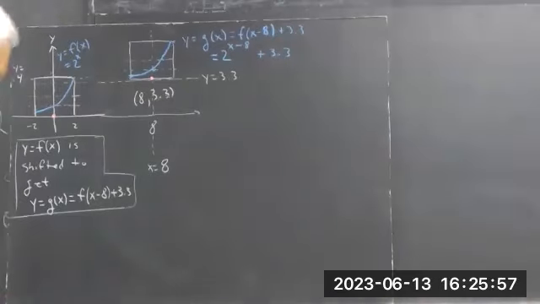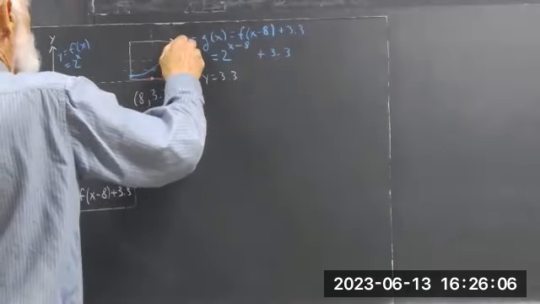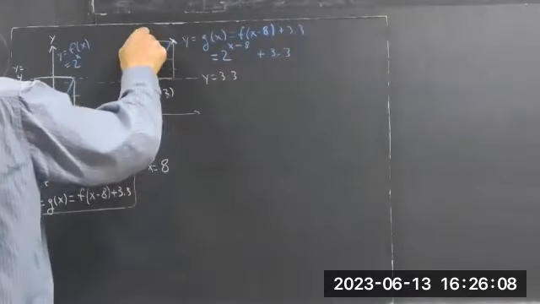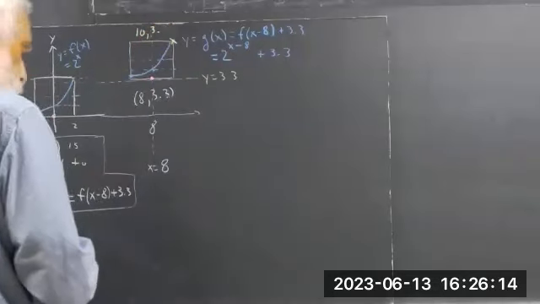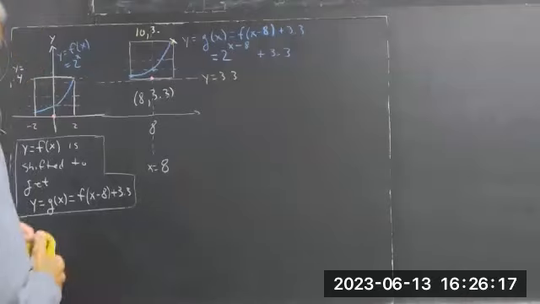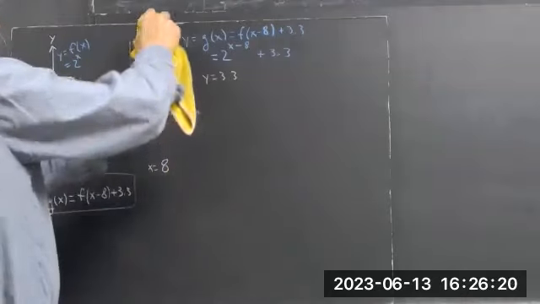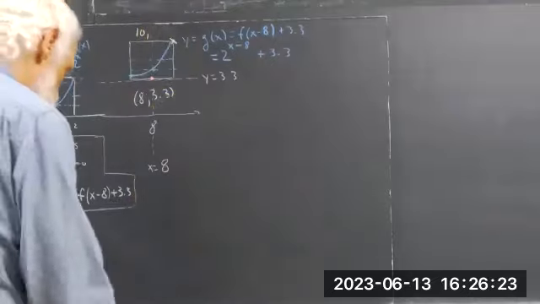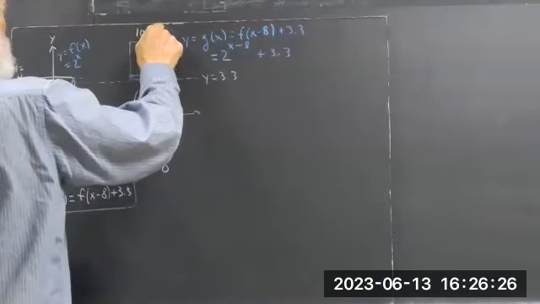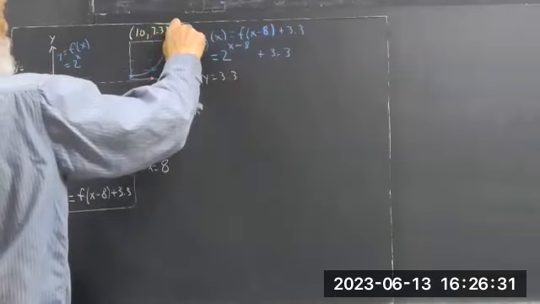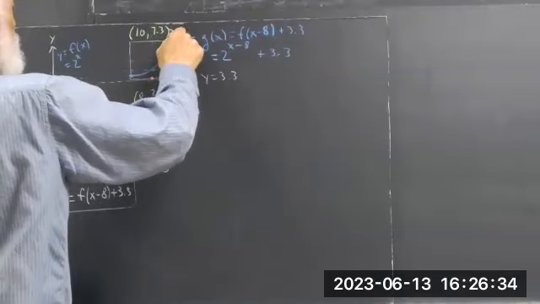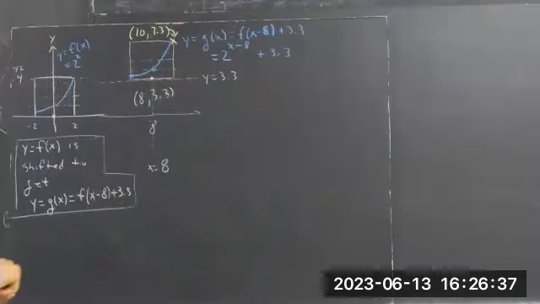Now, let's verify this for a couple of points. This point should be as it was before, 10, and it's 7.3, not 3.3. So the point (10, 7.3) should be on this function.